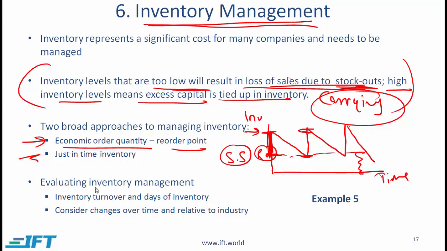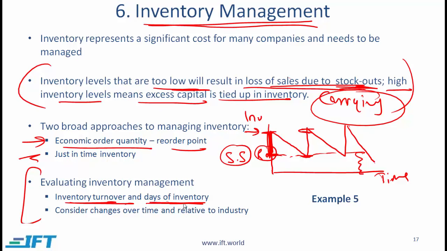Evaluating inventory management. This is material you've seen before. You use these ratios: inventory turnover ratio and days of inventory. A high inventory turnover ratio means that a company is managing its inventory well, it is selling product quickly, or it is maintaining a low balance. A high inventory turnover ratio would result in low days of inventory.